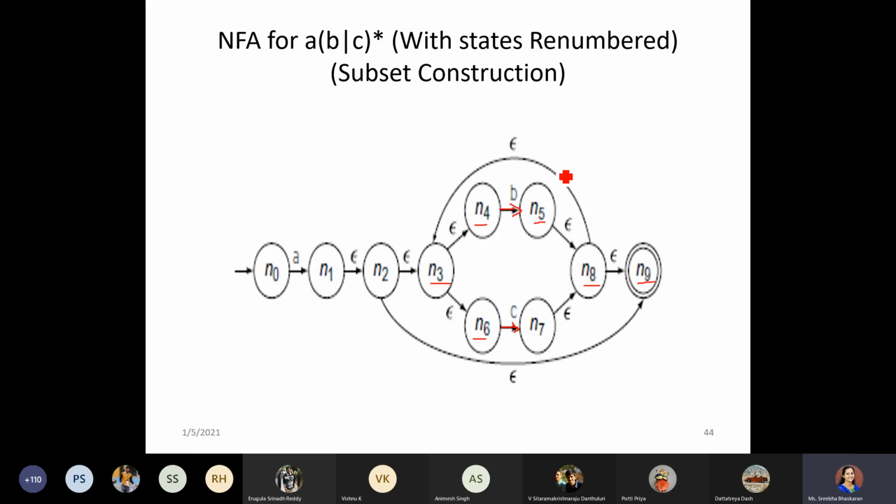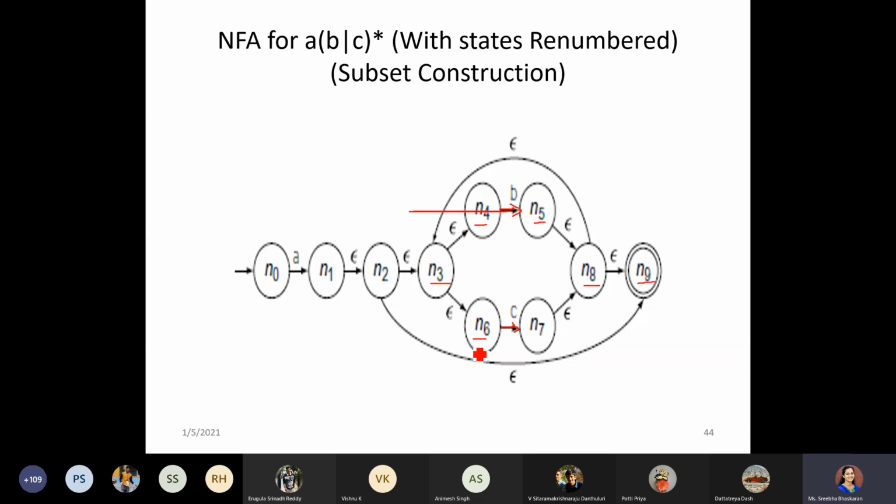Do we have a transition with respect to B? Yes, giving N5, N8, N9, and again N3, N4, N6. We end up with the same set of states with respect to B, so I can give the same name, D2.